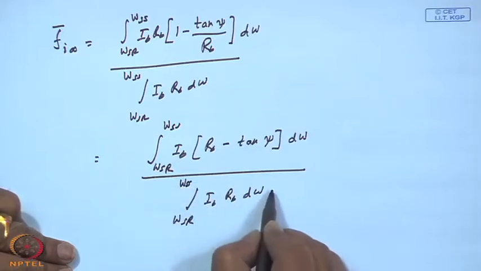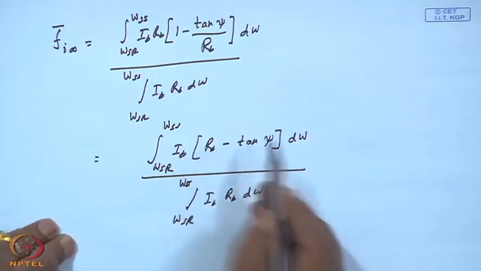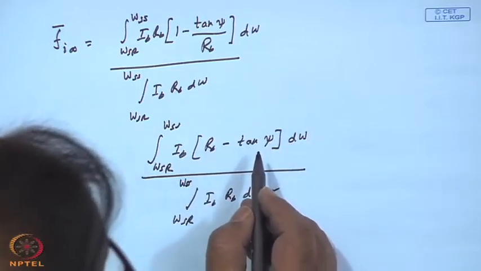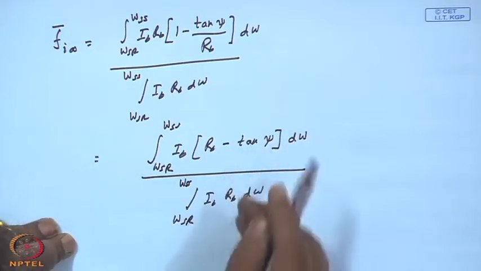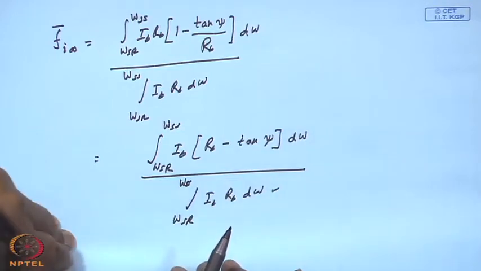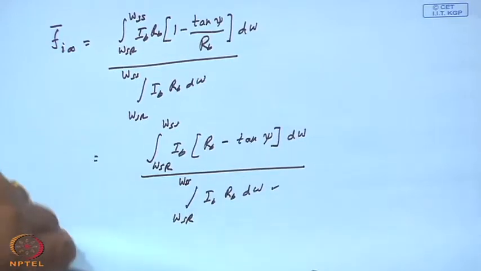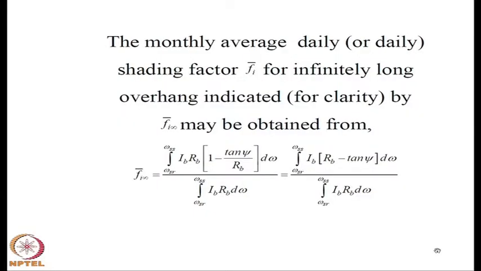This we have done a number of times, and R B and psi are fixed for a given geometry. So, consequently, it is not difficult to analytically evaluate this expression, which has been done. The only thing is, the assumption is that the overhang is infinitely long.